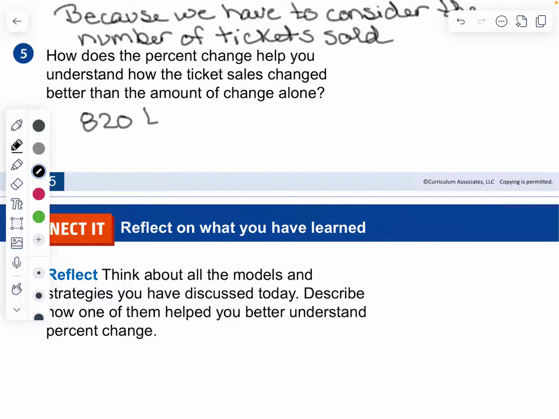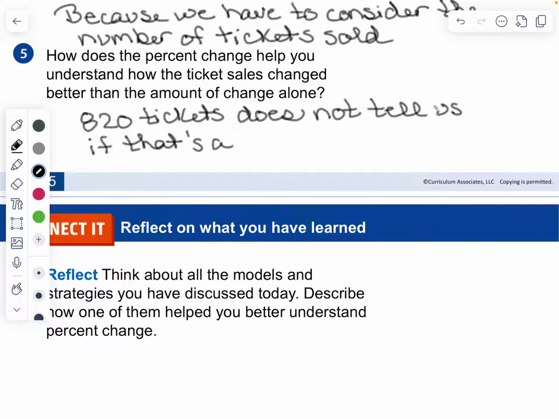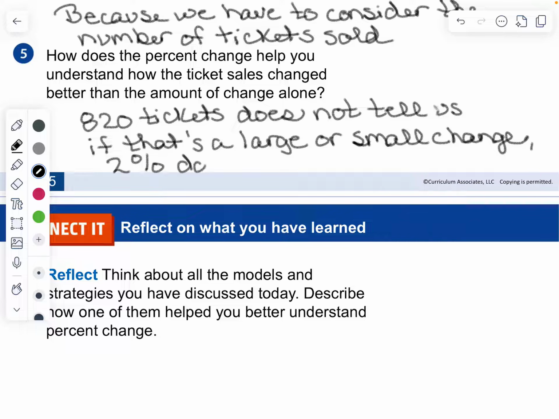So 820 tickets does not tell us if that's a large or small change. To some people, 820 might be large, and to others, that might be small. It all depends on how many total tickets we sold. 2% does indicate a small change.